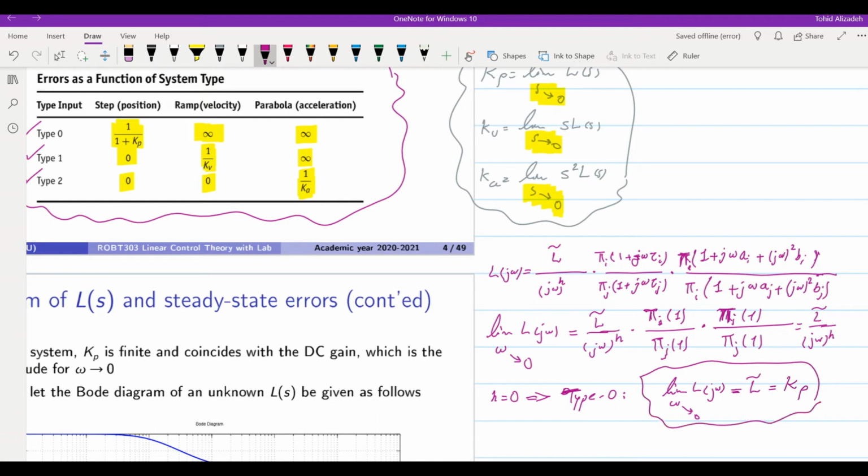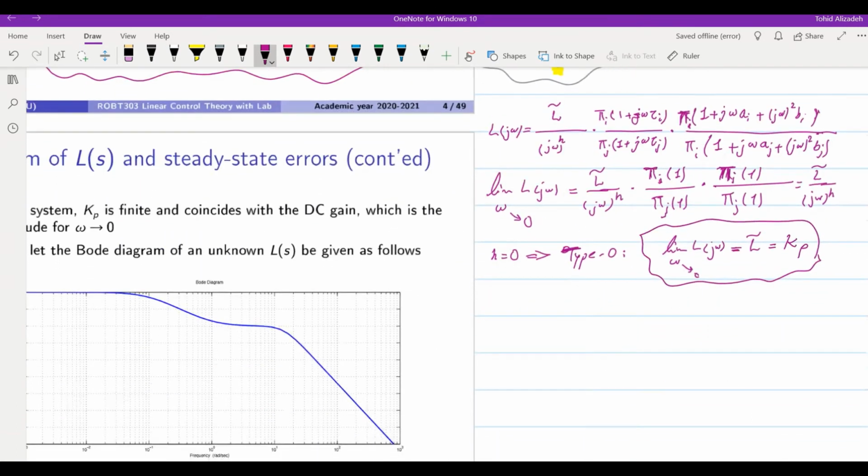So for a type 0 system, in terms of the Bode plot, at the low frequencies, we will have 0 dB per decade. And the value that we have over here, the amplitude that we have here, will determine the Kp.